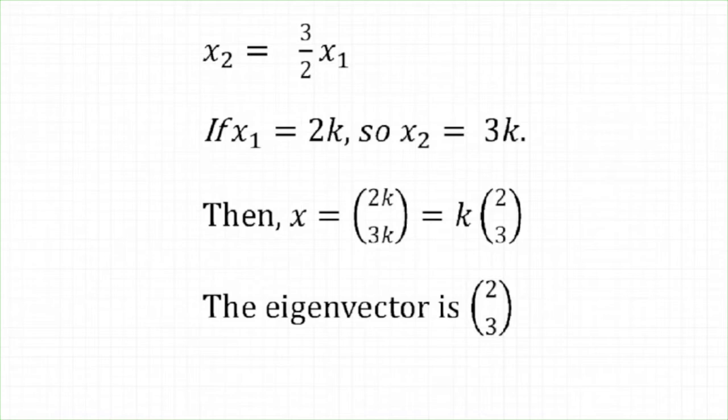Let x1 equal 2k, so x2 is equal to 3k. Then, based on the equation, x is equal to (2k, 3k). When we move out the k, we get the eigenvector when λ = 4, that is (2, 3). Okay, I think that's all from me. We will move to the next presenter.